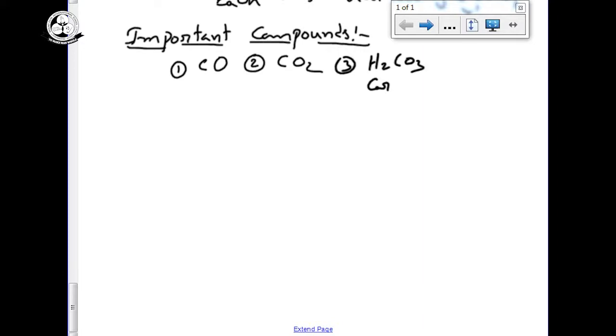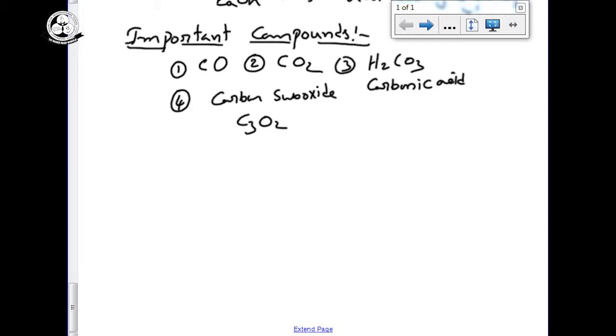And the fourth one is carbon suboxide, with formula C3O2. These 4 compounds are the most important compounds related to carbon. We will see their preparation, properties, and uses.